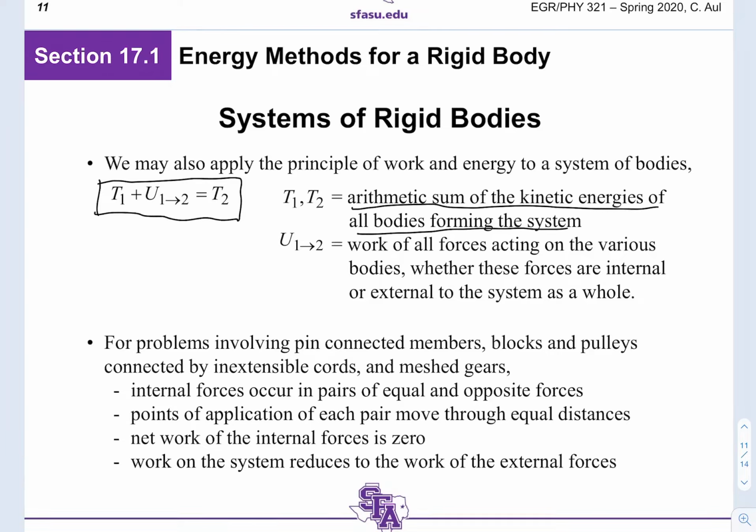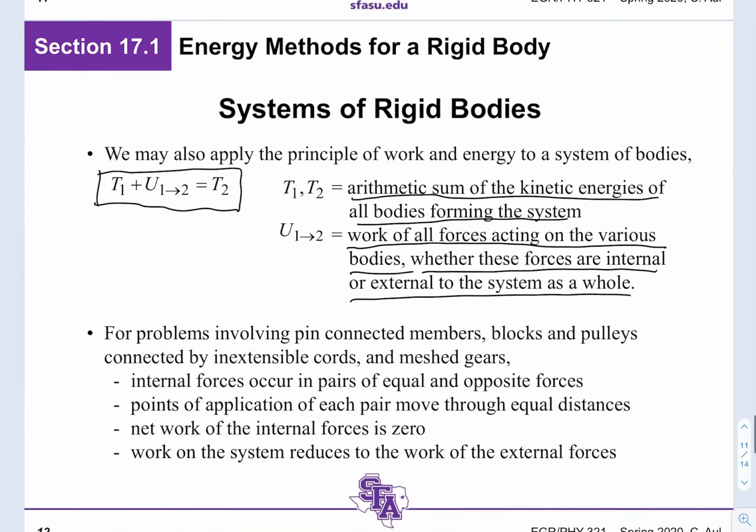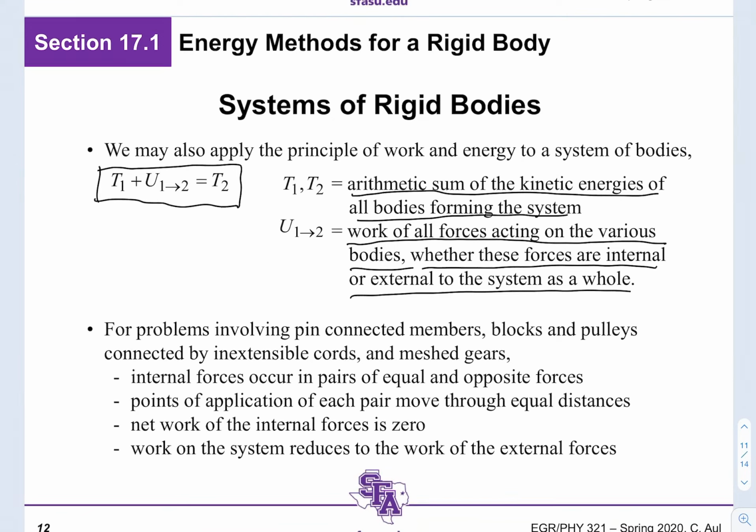So now, how do we apply this to systems of rigid bodies? Well, it's pretty simple. We can apply the same principle to systems of bodies, where the arithmetic sum of the kinetic energies of all bodies forming the system, at state 1 and state 2, is related to the work of all forces acting on the various bodies, whether these forces are internal or external to the system as a whole.